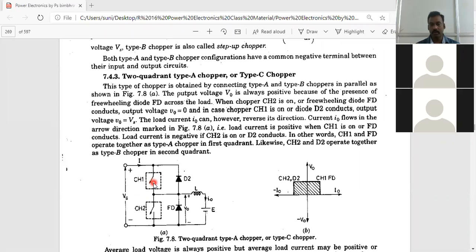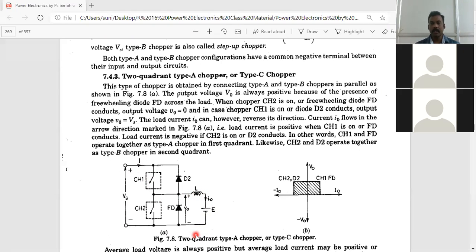Whenever chopper 1 is in the on state, current conducts from the positive of the supply through the chopper to the inductor and to this E, which resembles a motor load, and then to the negative. So you are going to have a first quadrant operation.